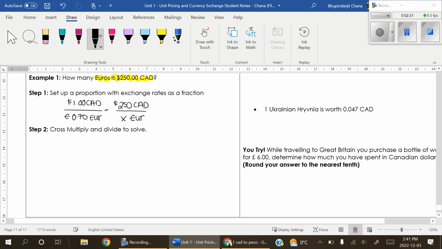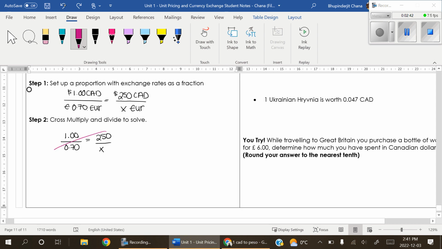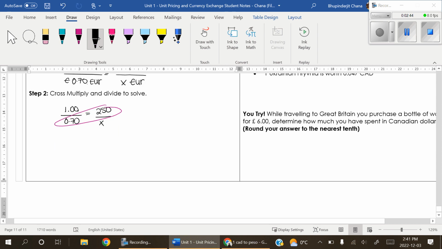Okay, now we're going to set this up without the units. So 1 over 0.7 is equal to 250 divided by X. I'm going to circle to isolate my X. And then X is equal to 250 multiplied by 0.70 divided by 1.